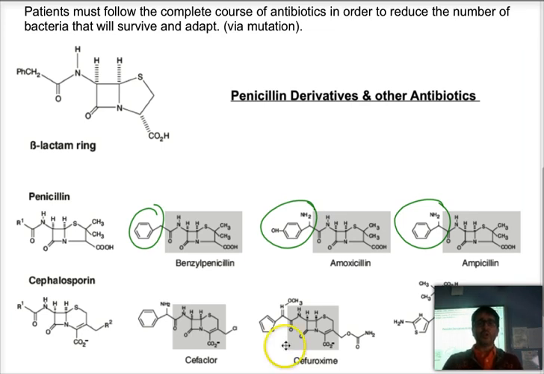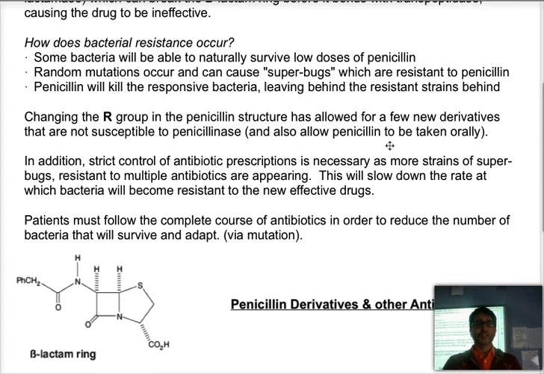So ways to decrease resistance are to have a much stricter control on antibiotic or antibacterial prescriptions, not to use it on animals or other things, and to require patients to complete the course of antibiotics in order to reduce the number of bacteria that will survive, since otherwise we are keeping only the resistant strains.